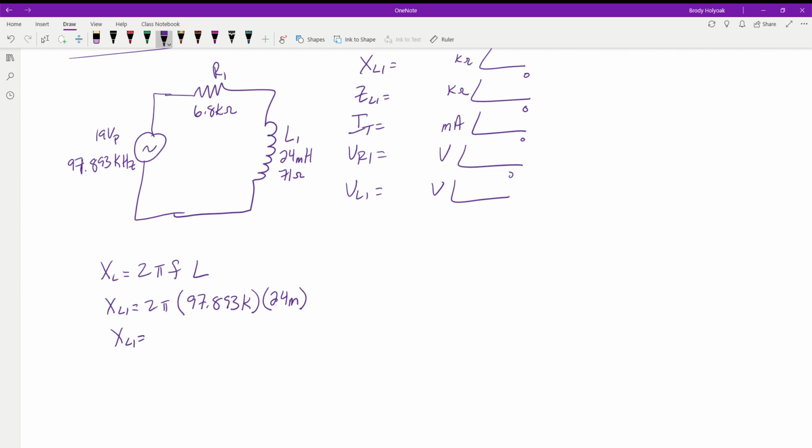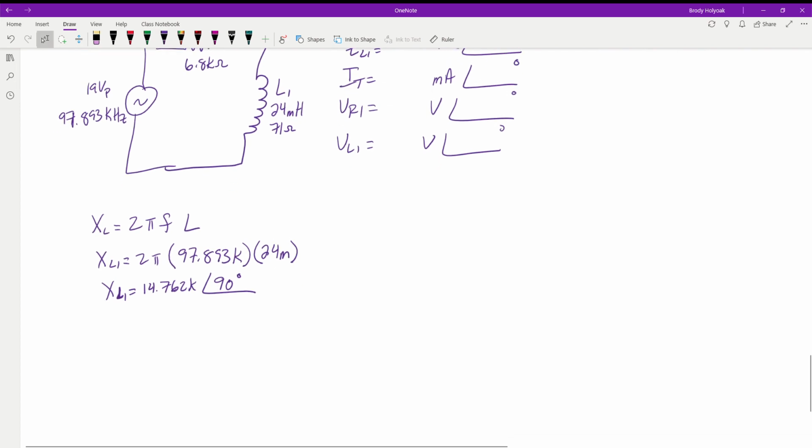The total inductive reactance we get is 14.762 kiloohms at an angle of 90 degrees.